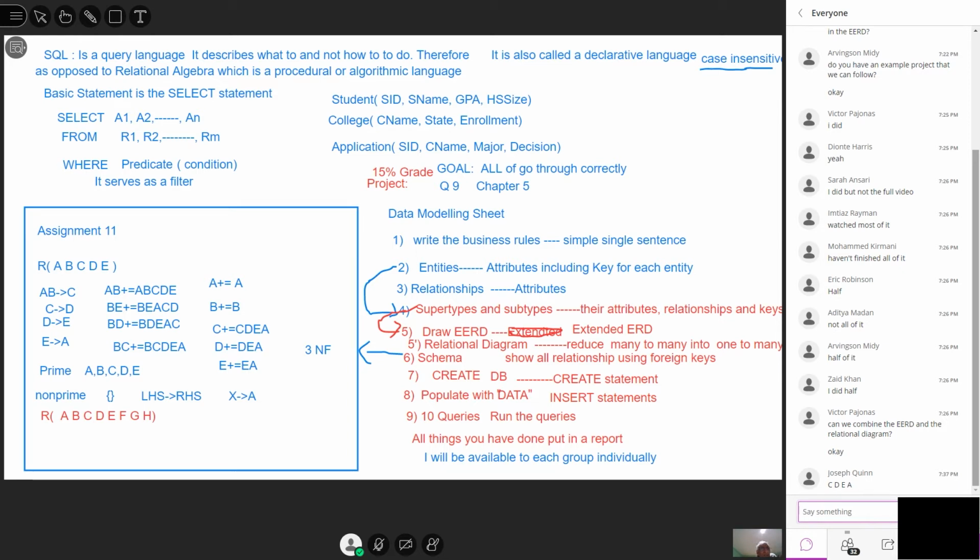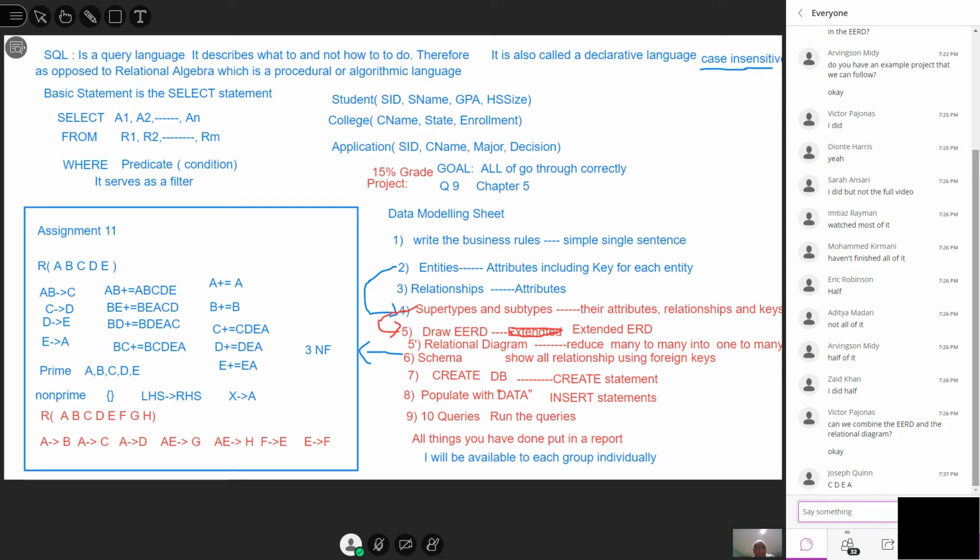A determines B, A determines C, therefore we can say A determines B, C, D. So we can say here that A determines A, B, C, and D.